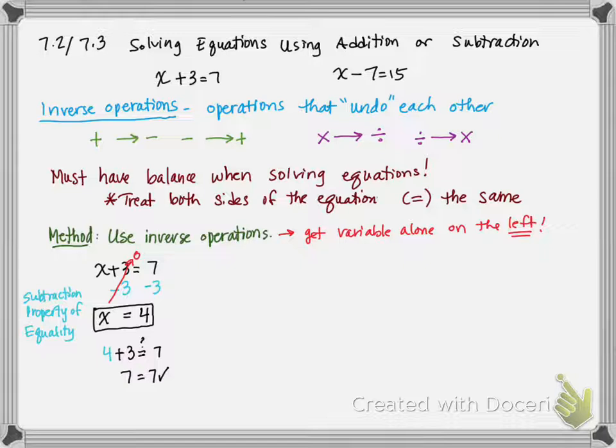All right, so let's put it in bullets. What did we do? Our job is to get the variable alone on the left. And when I'm saying left, I'm referring to the left of the equal sign.